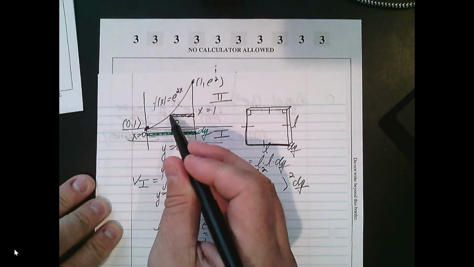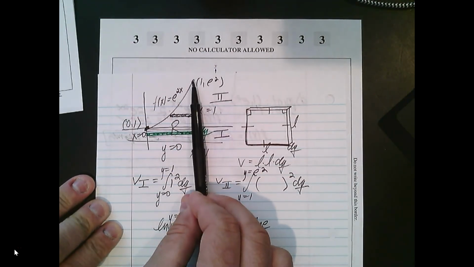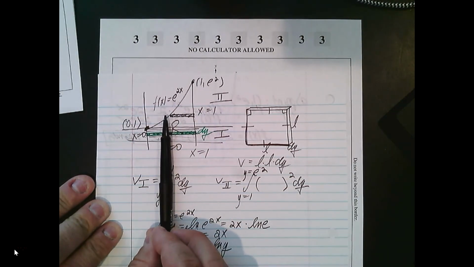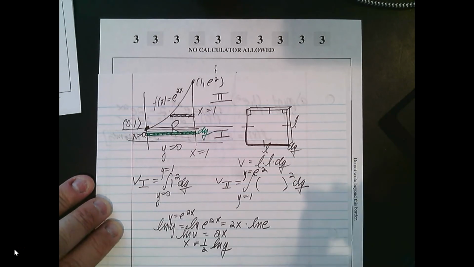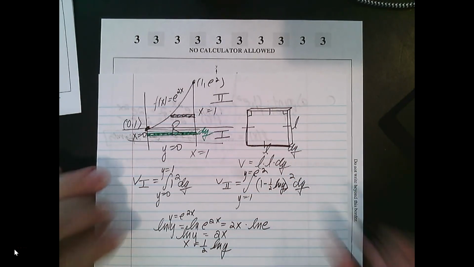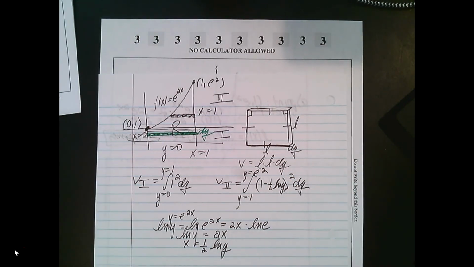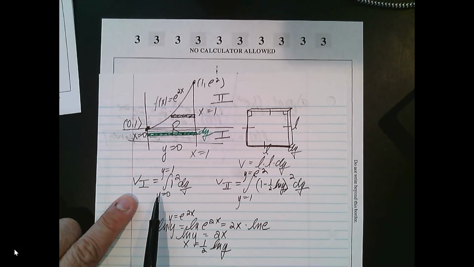That's still not the length of this slice. We're running from x equals 1 over to the curve, and we've rewritten this now as x equals 1/2 natural log of y. How long is that distance? It'll be 1 minus 1/2 the natural log of y, the whole thing squared. This was the volume for region 1. We found that pretty easily.